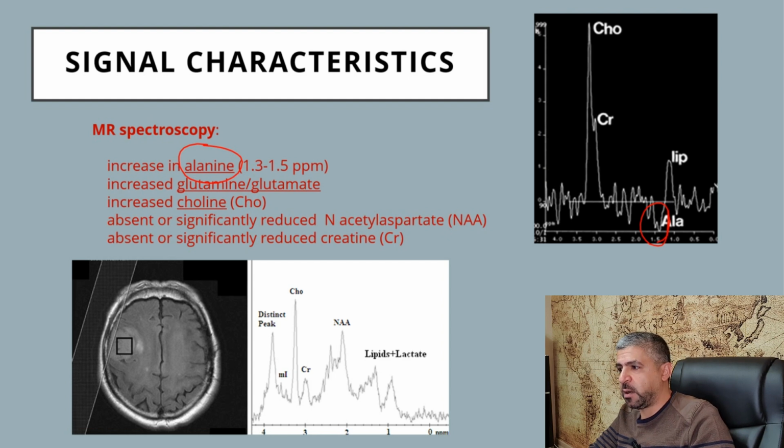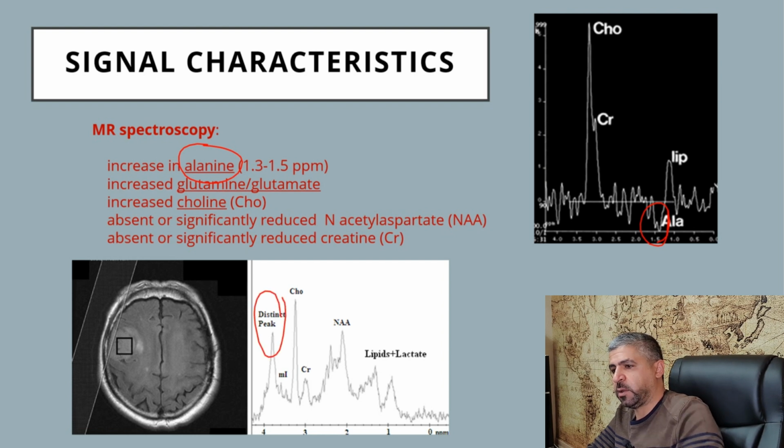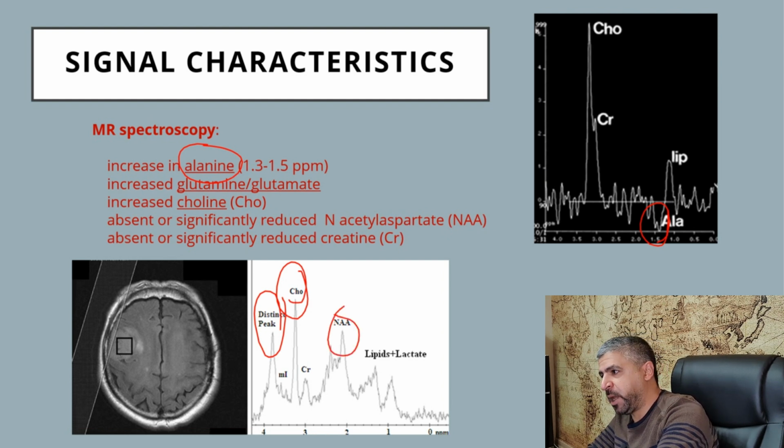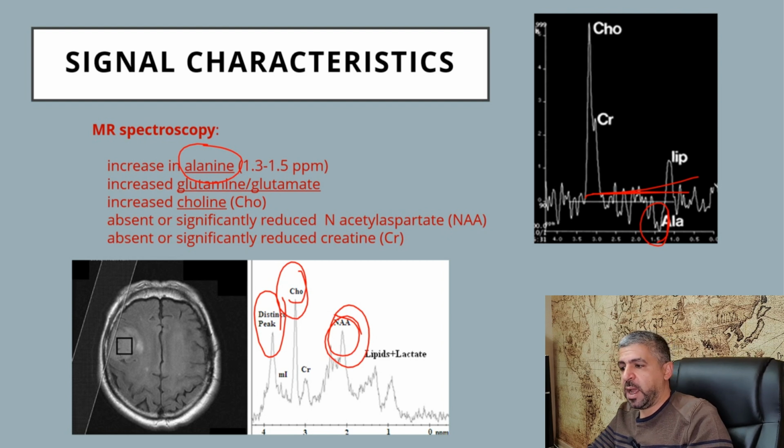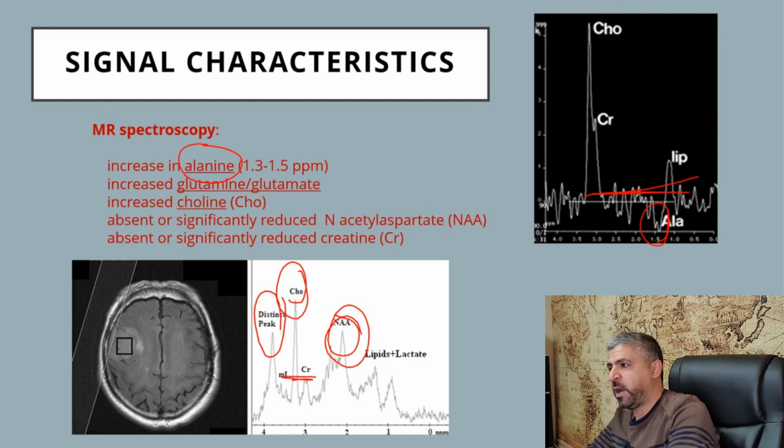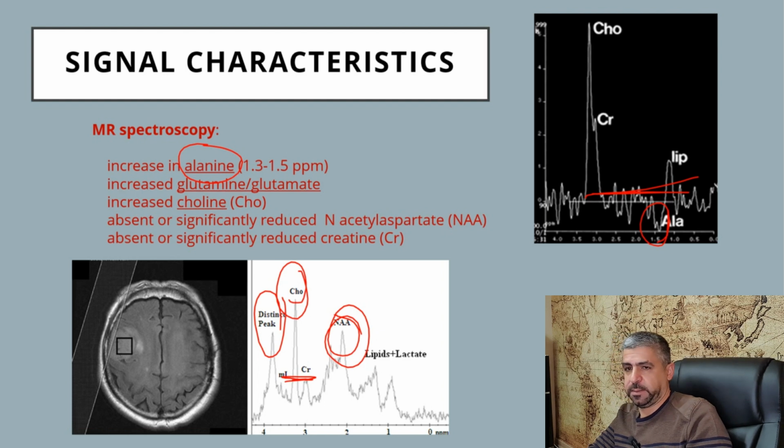Also, there is an increase in the glutamine and the glutamate, which should be somewhere around here. There is an increase in the choline, and since it's not from brain tissue, the NAA will be reduced or even absent in this condition, and the creatine is very low or even absent. So these are the spectroscopic criteria for meningioma.